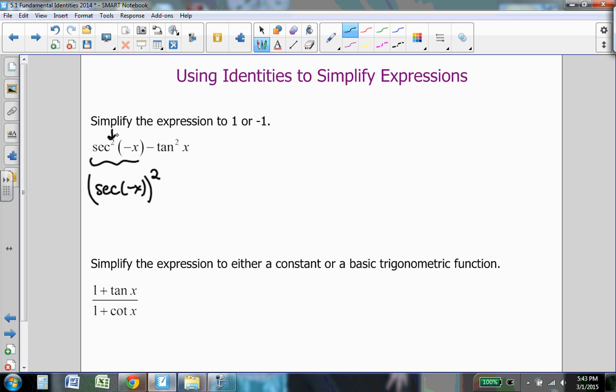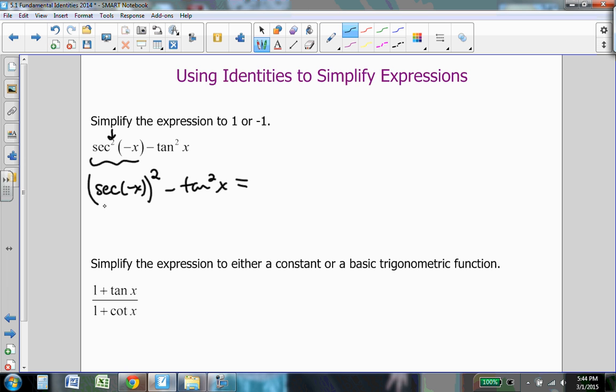That square we just write in there out of habit, and we don't have to have as many parentheses around everything. It's the square of the secant value, not the square of the angle measure. Okay, and then just minus tangent squared of x. That also means the quantity of the tangent squared.